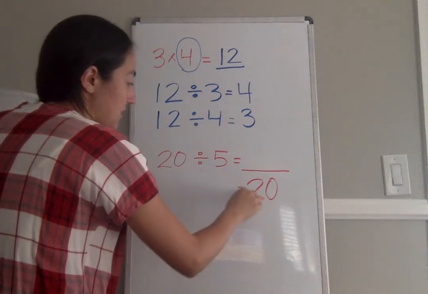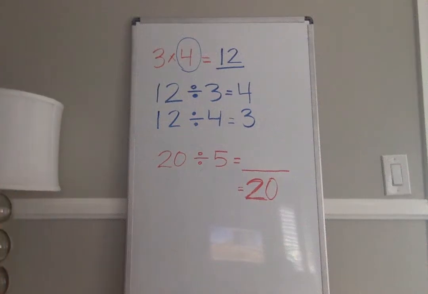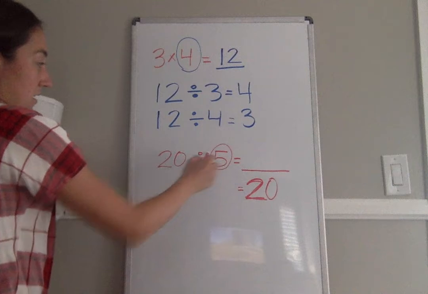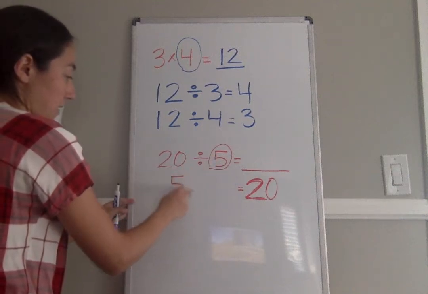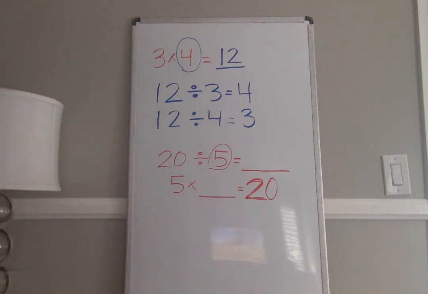The biggest number in the division problem becomes the answer in your multiplication problem. This number right here then becomes your first number. You put your multiplication sign and you have a blank.